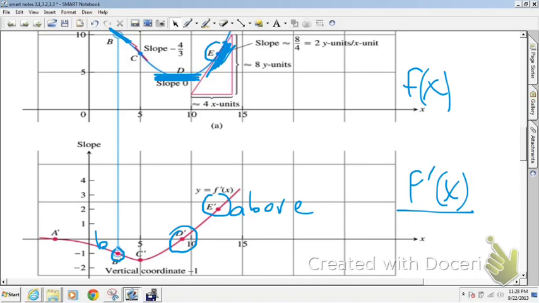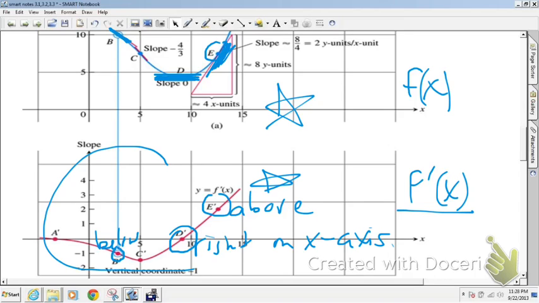Above, below x-axis, and right on x-axis. So now you can start to say, if they gave me this function and it was multiple choice, would I be able to choose this as the graph of its derivative? So you really want to think that way. If I throw you a function, would you know multiple choice wise that that was the graph of its derivative?